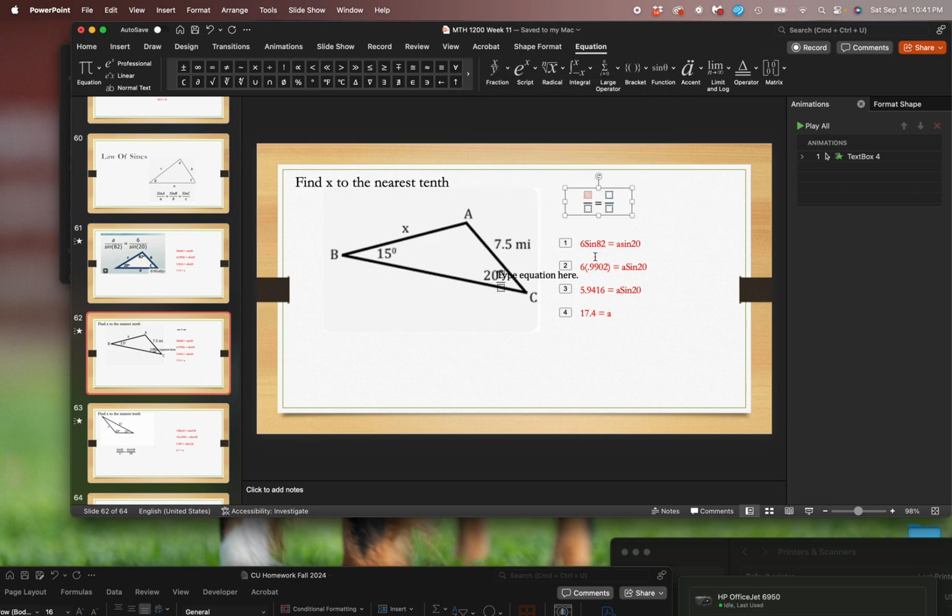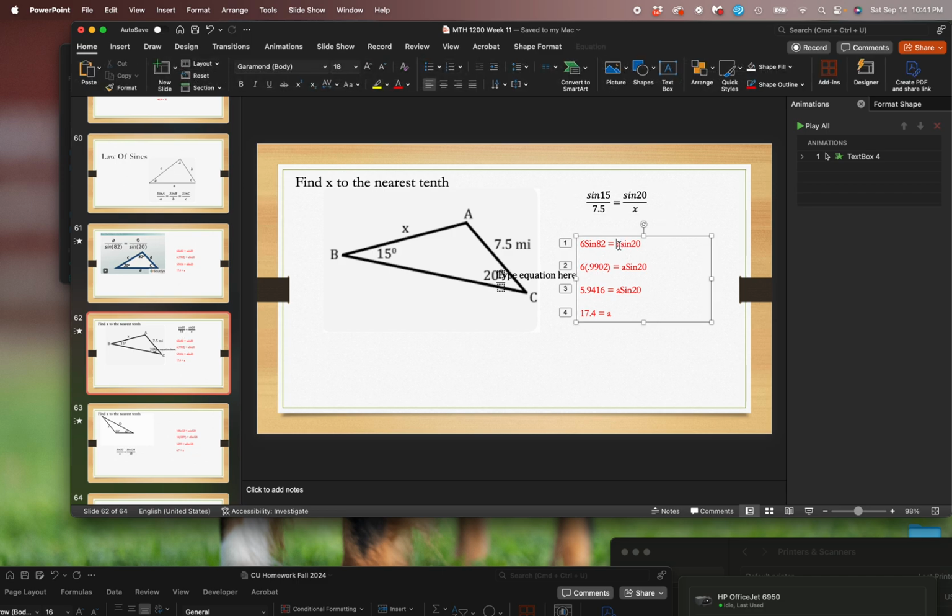And this will say sine 15 is to 7.5 as sine of 20 is to x. We cross multiply, and I get x sine 15. I know the A is still there, I'll get rid of it. And this would be 7.5 sine 20.